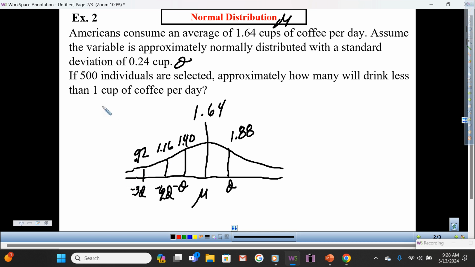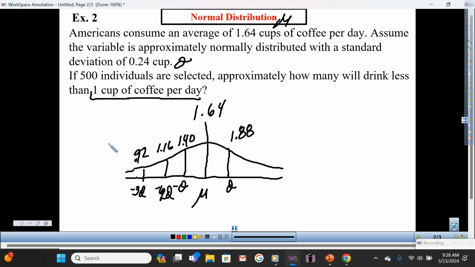Why? Because look up. What does it say here? They want to know people that drink how many? 1 cup per day, or less than 1 cup.